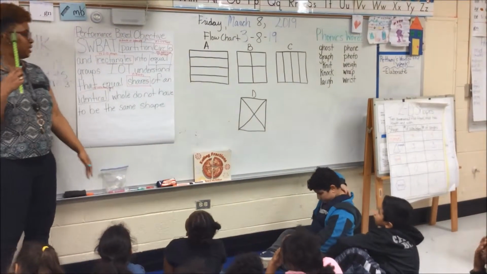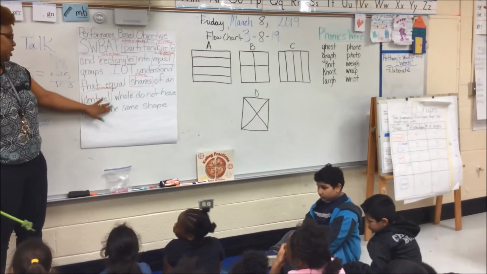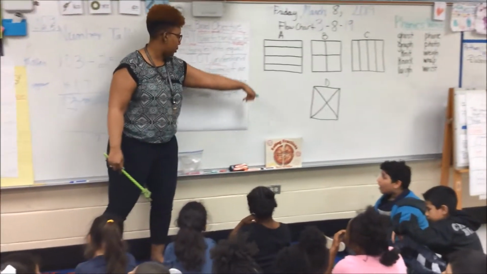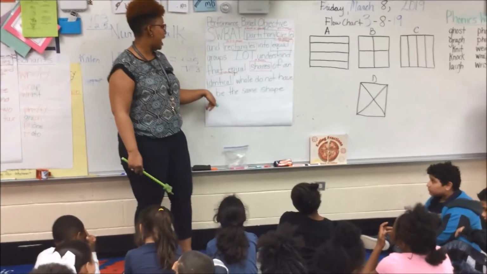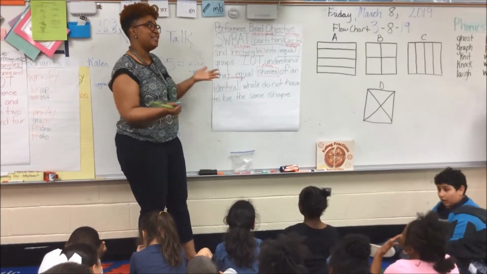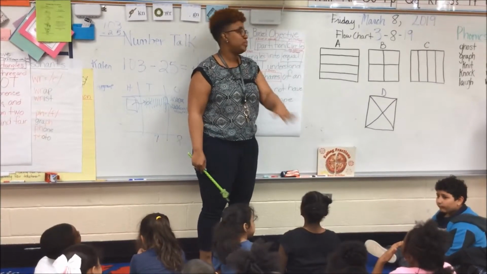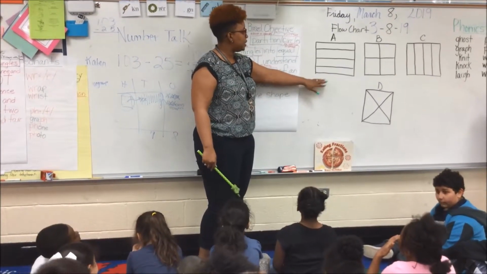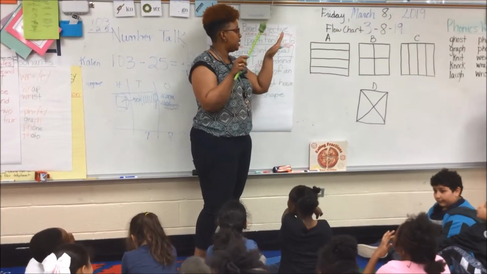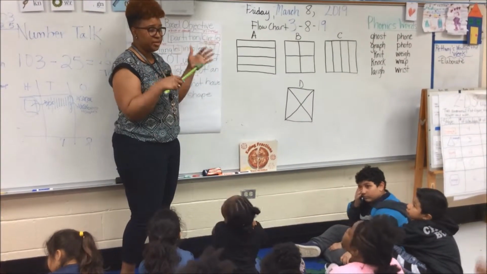So when you look at the standard, you have to understand that equal shares of identical shapes do not have to be the same shape. And that's what we're getting ready to see now. When we go to our groups, each group is going to have a piece of paper shaped like a rectangle, in different colors.